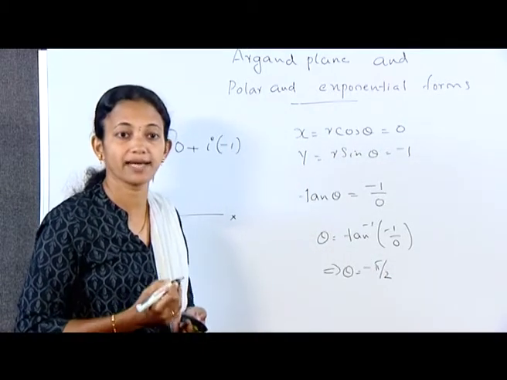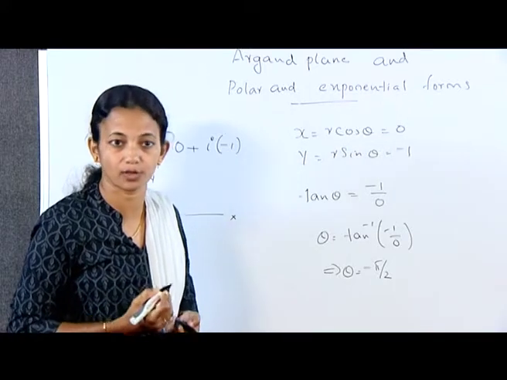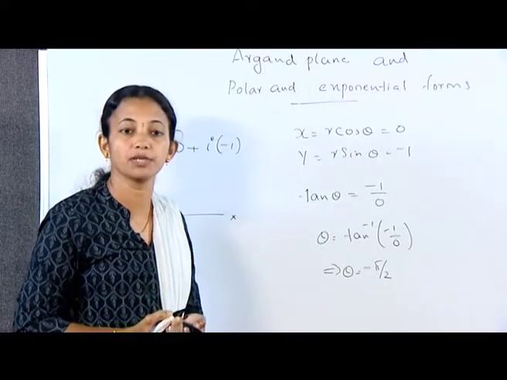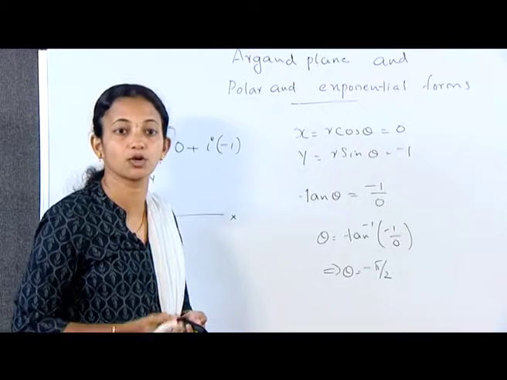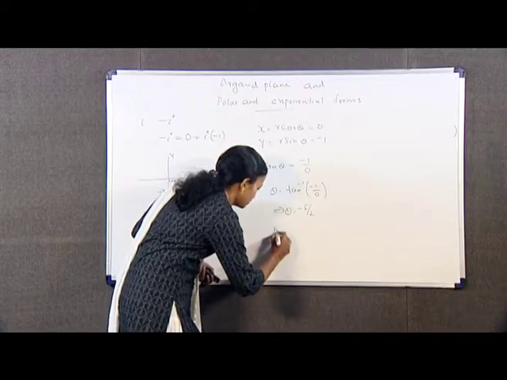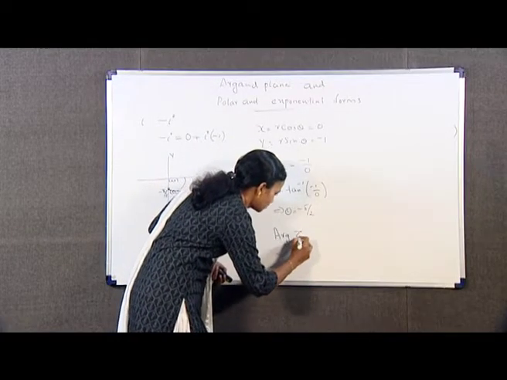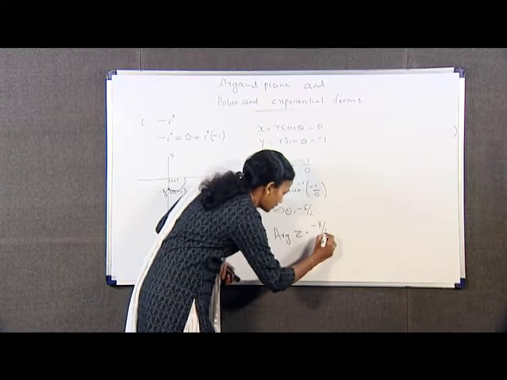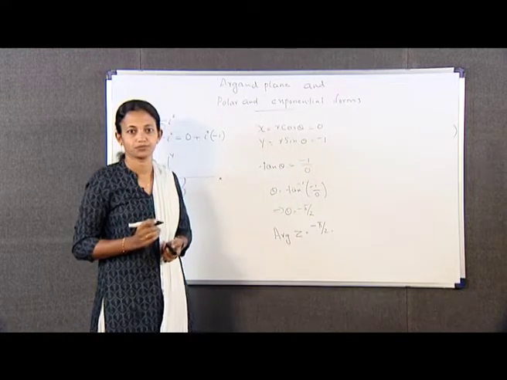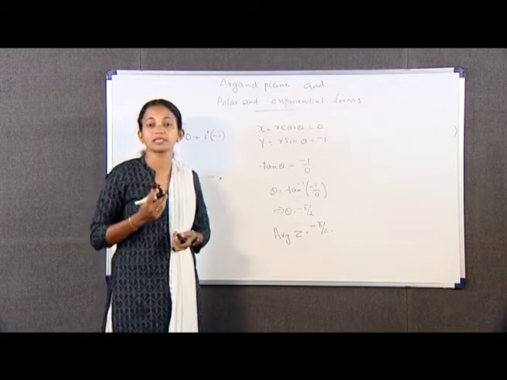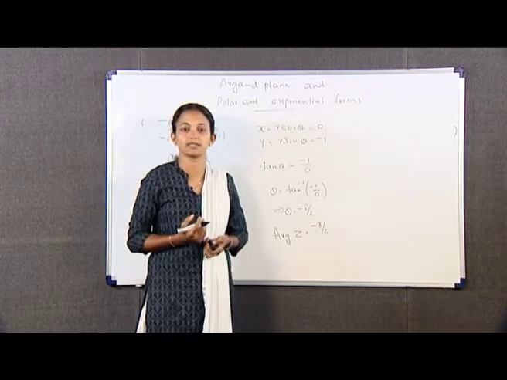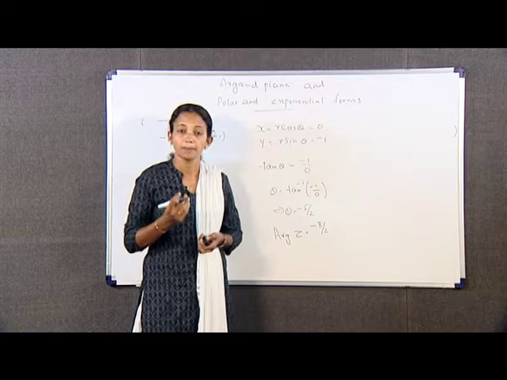As minus pi less than minus pi by 2 less than or equal to pi, the principal amplitude is argument of z is equal to minus pi by 2. That is Arg z is equal to minus pi by 2. Next, find the principal amplitude of the complex number minus 1 plus i root 3.